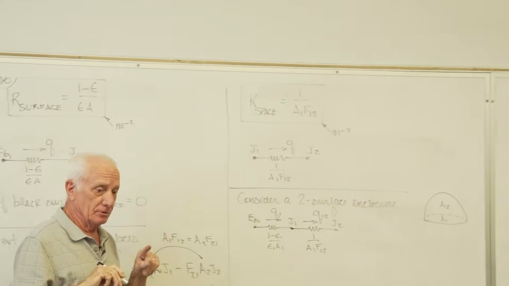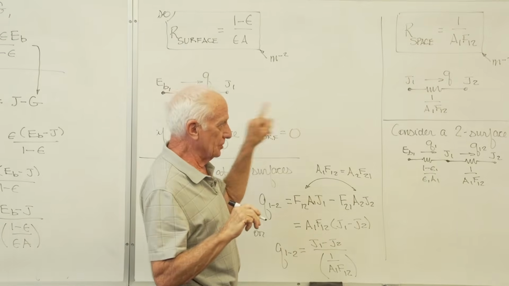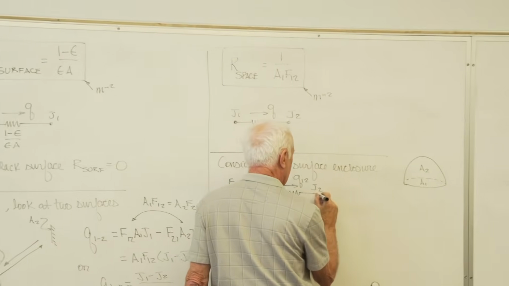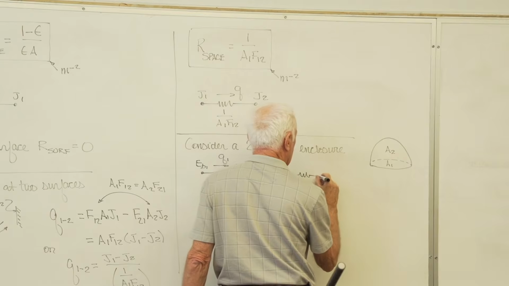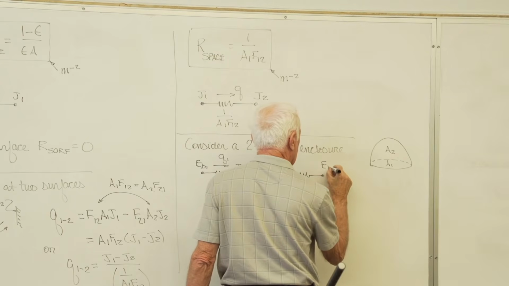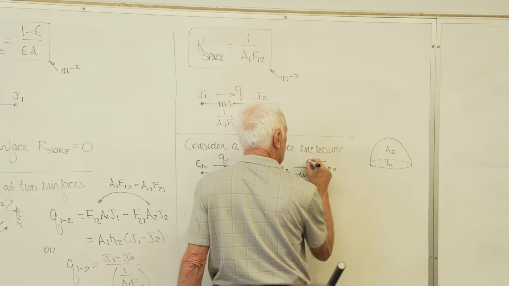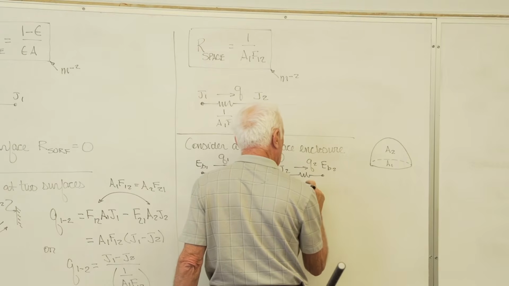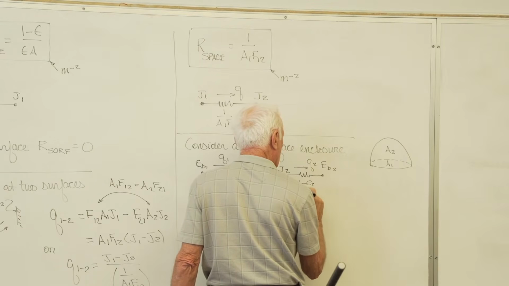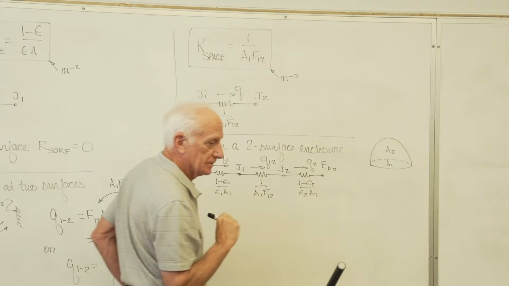Now we're at surface 2. That surface has a surface resistance. J2, EB2, Q2, 1 minus epsilon 2 over epsilon 2 A2 resistance. Surface resistance.